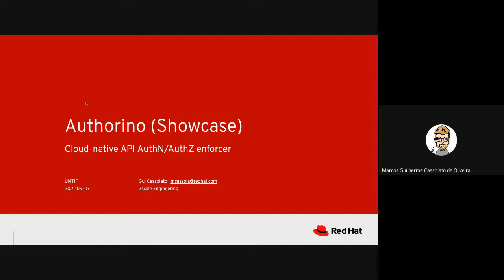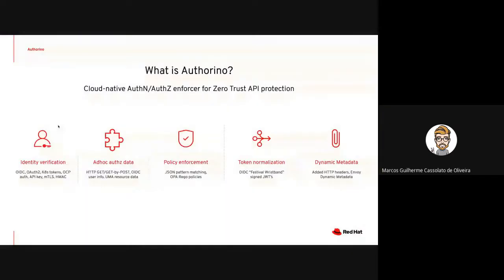Okay, but in a nutshell, Authorino is a service that operates behind the Envoy proxy and that reads its state from Kubernetes custom resources. So the developers declare the desired authentication and authorization scheme, or define an auth config custom resource in Authorino terminology, to be enforced for each protected host.